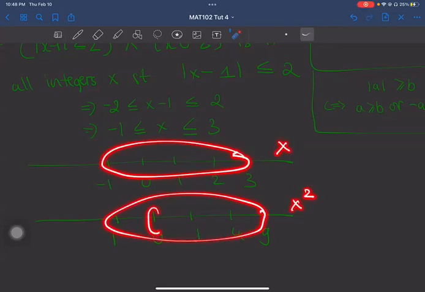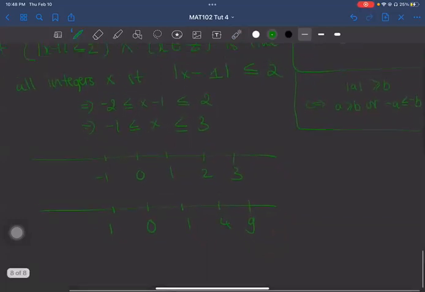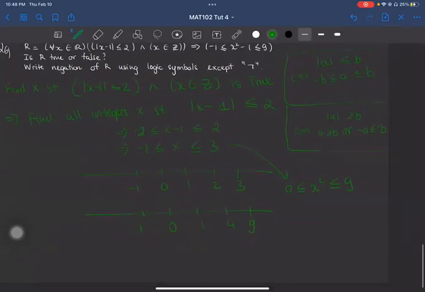The minimum value is 0 because x squared is greater than or equal to 0. It is a basic fact. And the maximum value it can achieve is 9, when x equals 3. So from here we have 0 less than or equal to x squared less than or equal to 9.